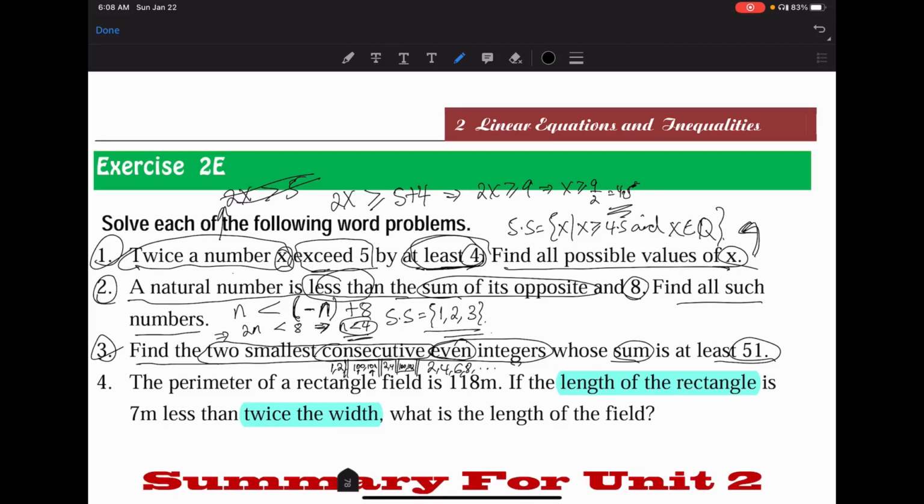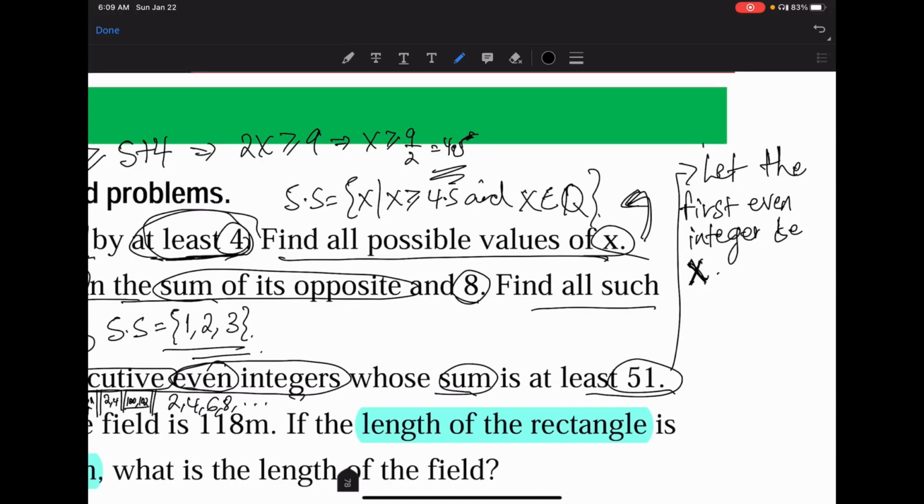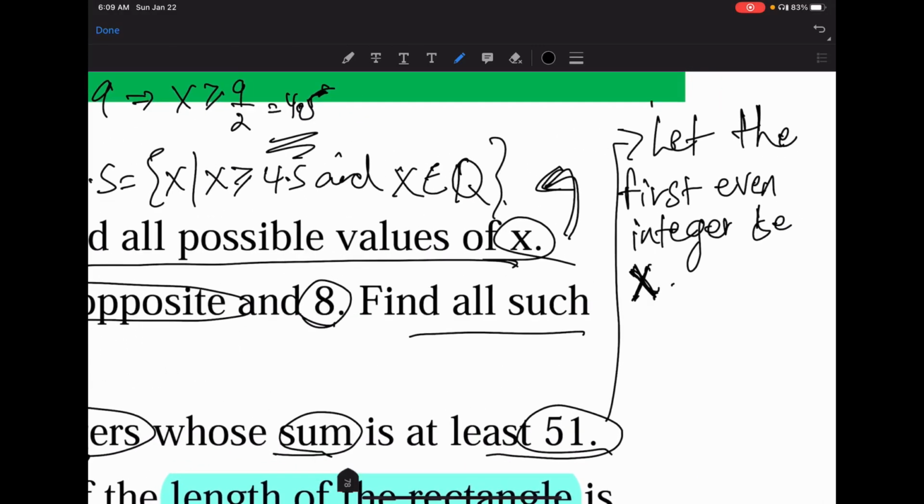To solve this, let the first even integer be x. Then the next one is x + 2.